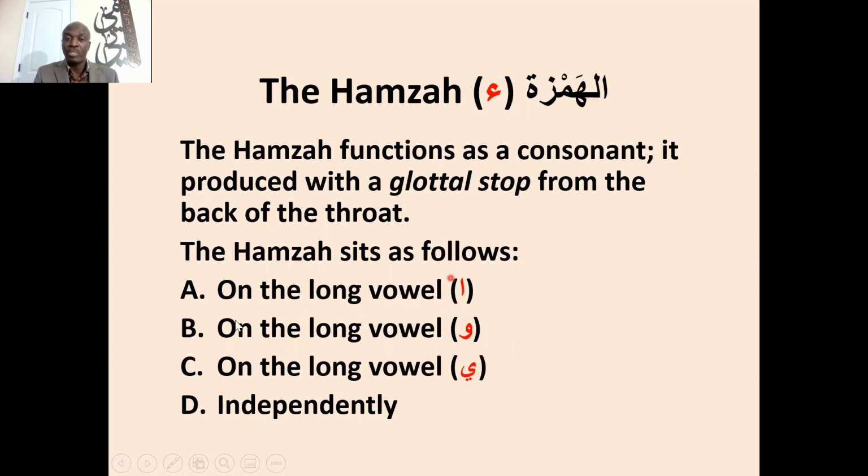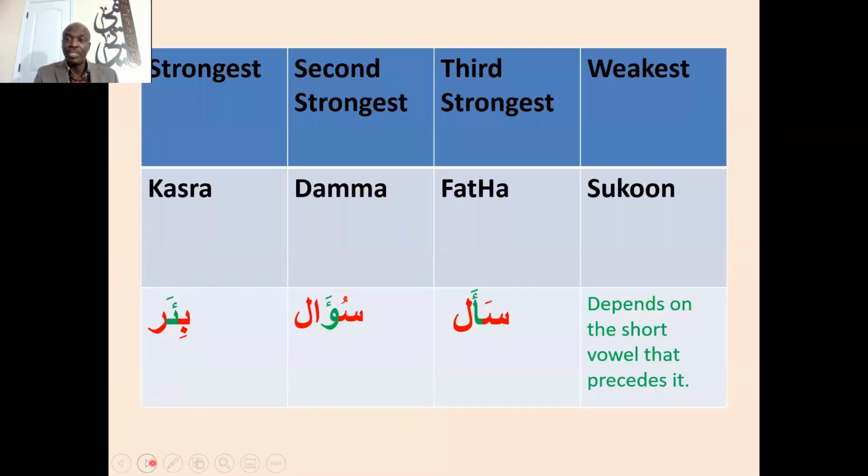The first segment is Hamza sitting on the Alif, the second segment will be the Hamza sitting on the Waw and the Ya, and the third and last one will be the Hamza standing alone, independently, with no seat or no chair. So let's figure that out today.